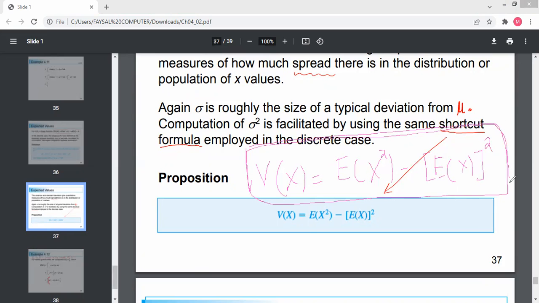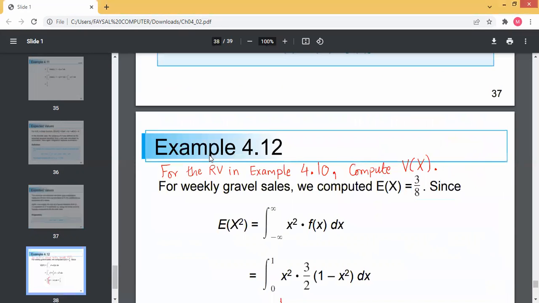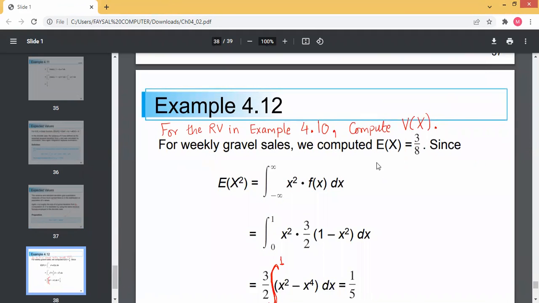So this is the value of my function V of x. For the weekly gravel sales, we computed E of x equals 3 upon 8, and we have to find the value of V of x.